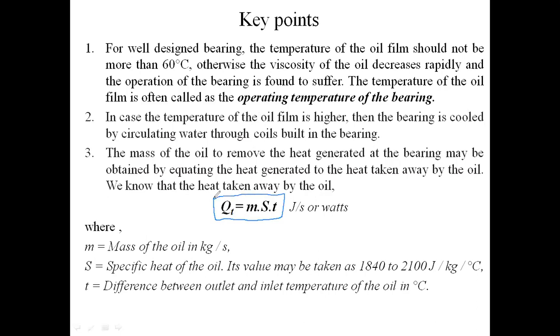Qt, that is the heat taken away, is given by M into S into T. Again, the same unit, joule per second or watt, where M is your mass of the oil in kg per second. S is your specific heat of the oil, and its value you can take in between these. T is the difference of outlet and inlet temperature of the oil film.